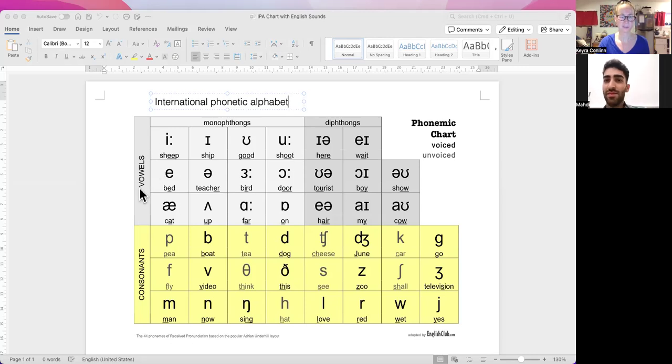And I want to take notice that we have 5 vowels in English: A, E, I, O, U. When we write, we have 5 vowels.